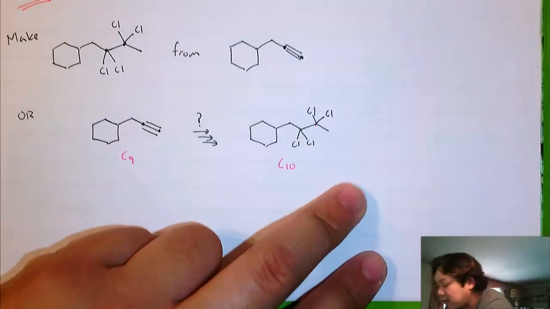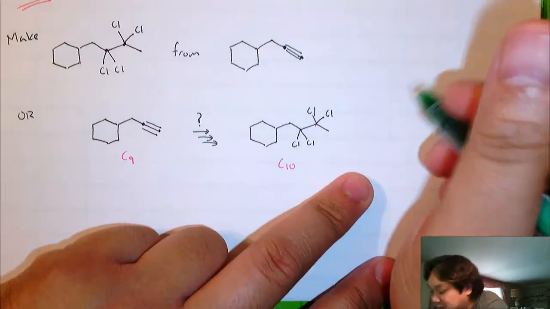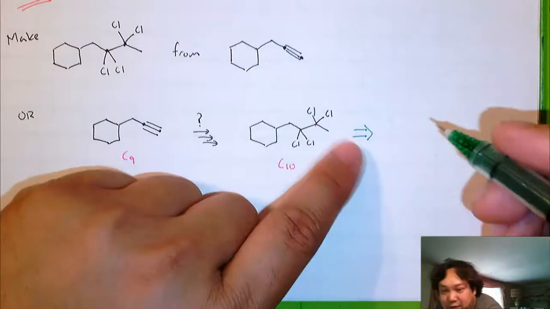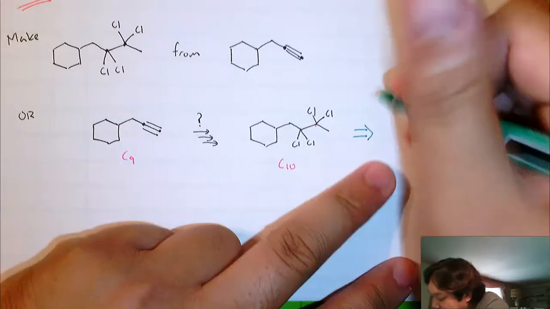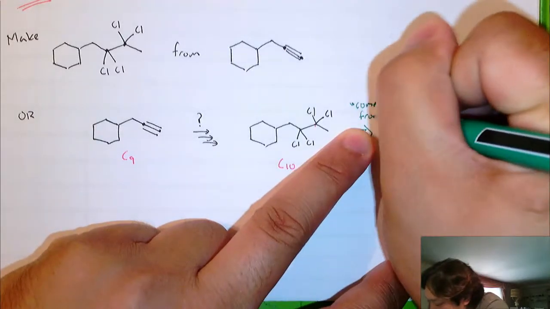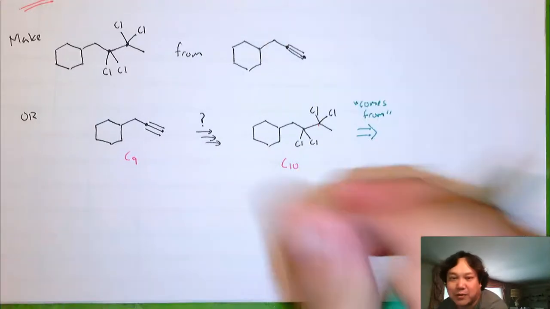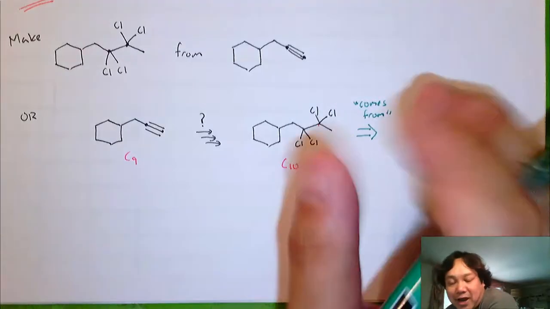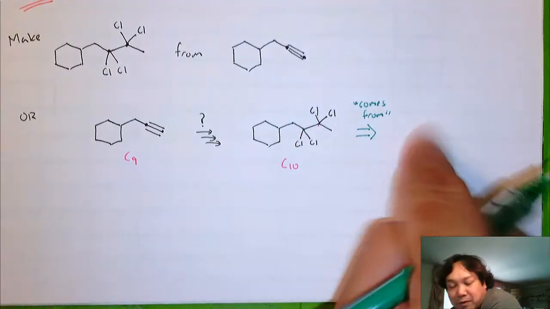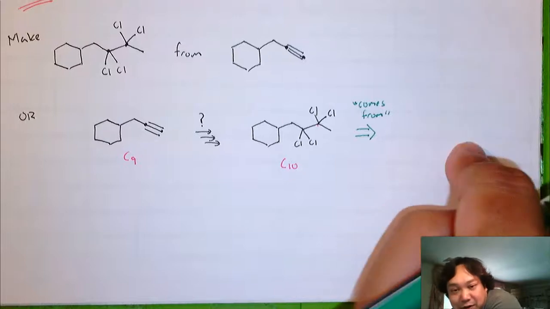There's an arrow called a retrosynthetic arrow, a big open-ended arrow, and this means comes from. It's like a backwards synthesis arrow or backwards reaction arrow.